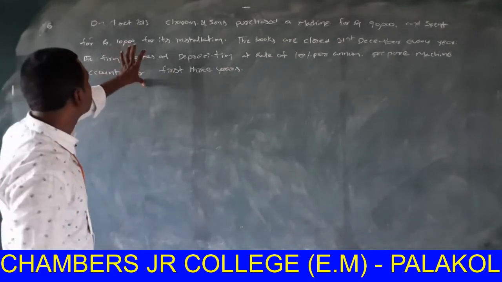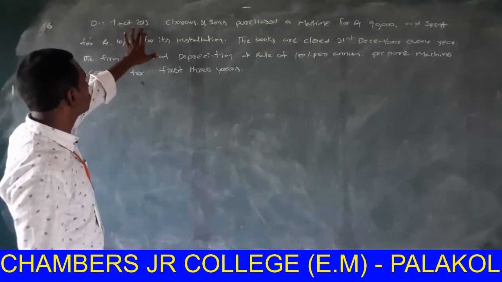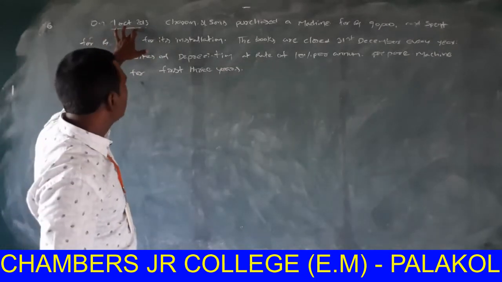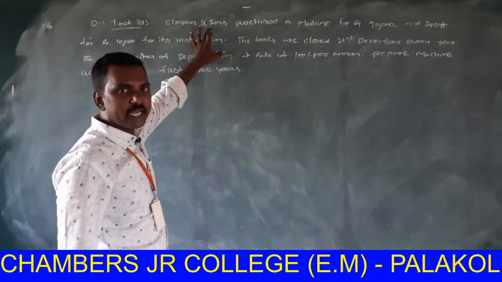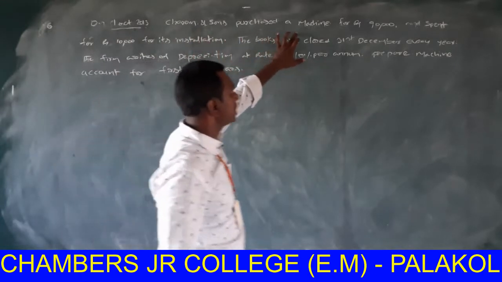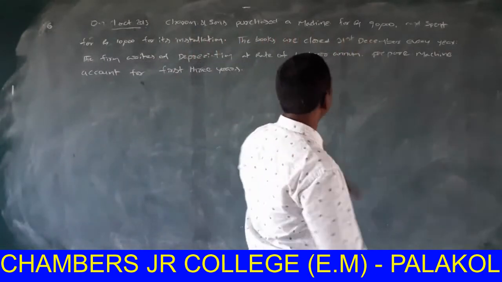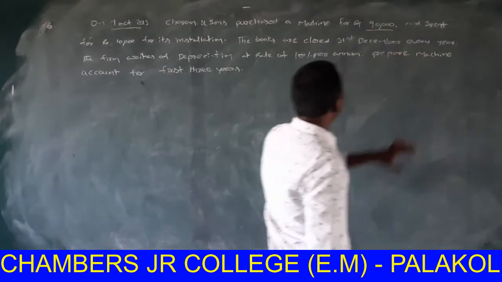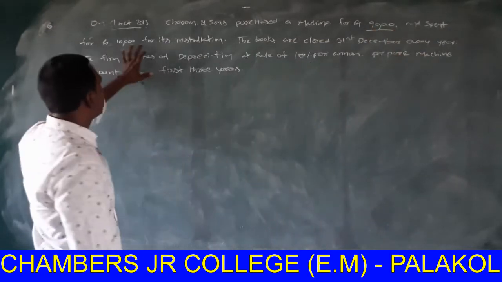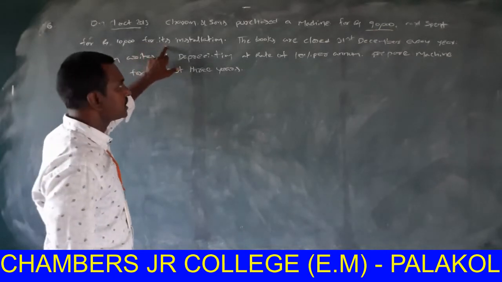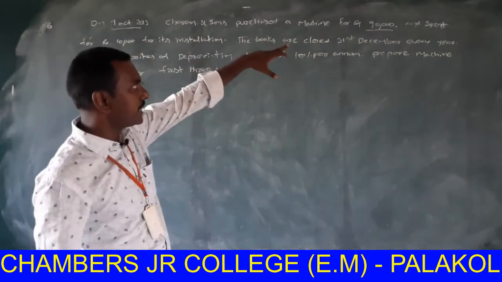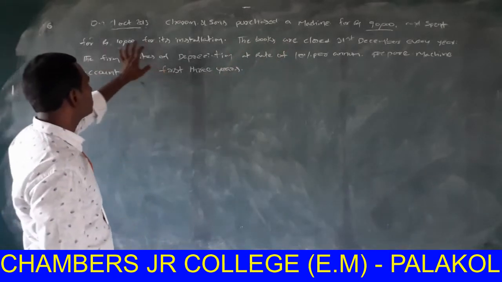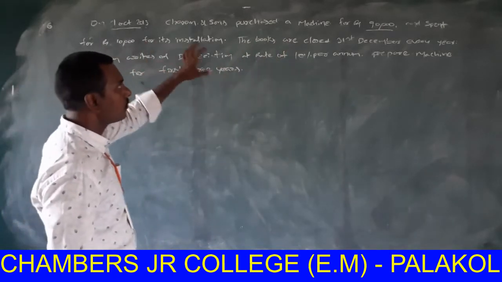See here, look at this. On 1st October 2013, Charan and Sons purchased a machine for rupees 90,000 purchase price, and spent rupees 10,000 for its installation. The price of purchase 90,000 and the installation price 10,000, so the total is 1 lakh.